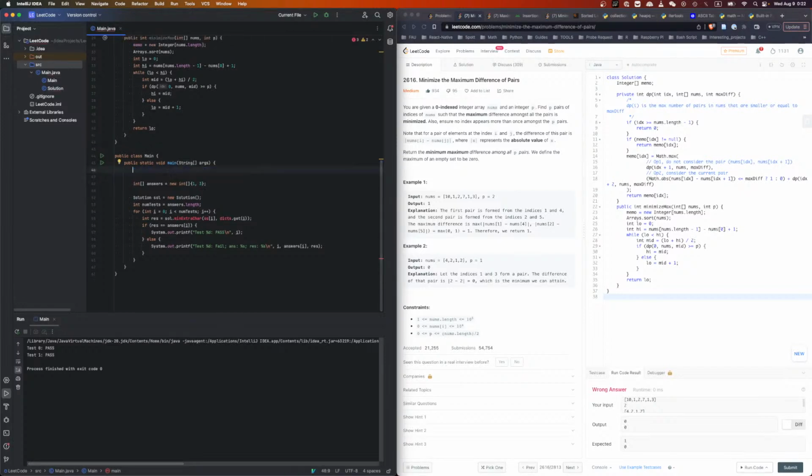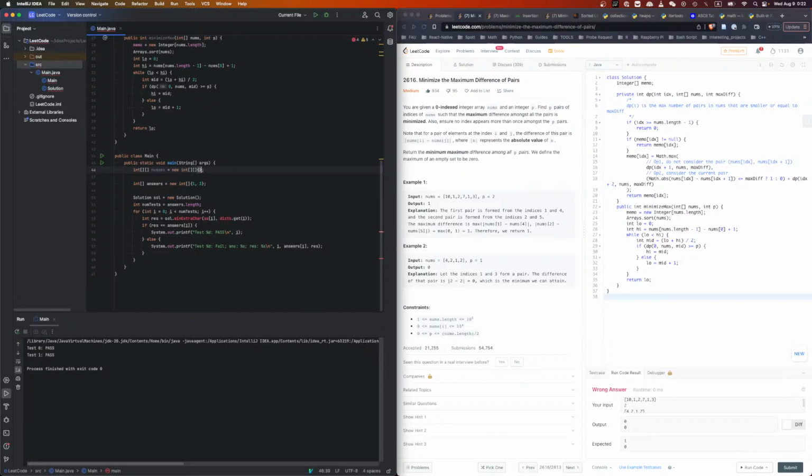But alright, so we need to say int this nums is new int. How do I set this?